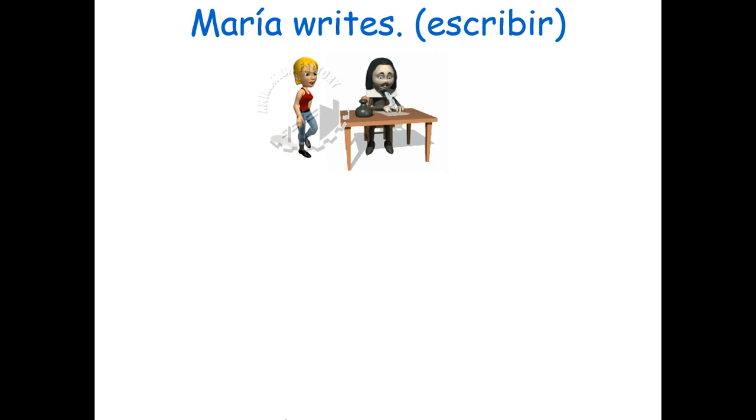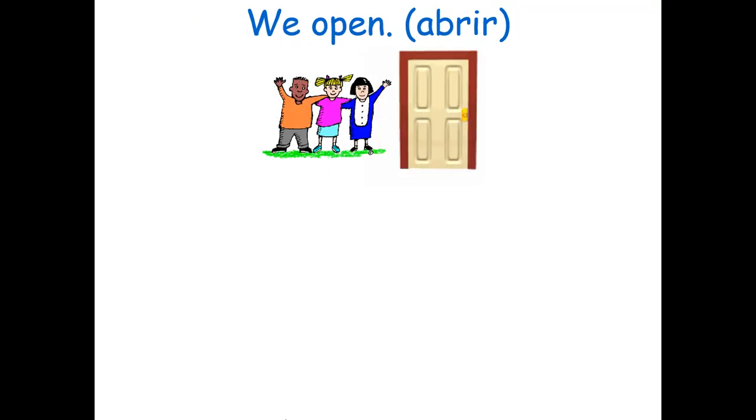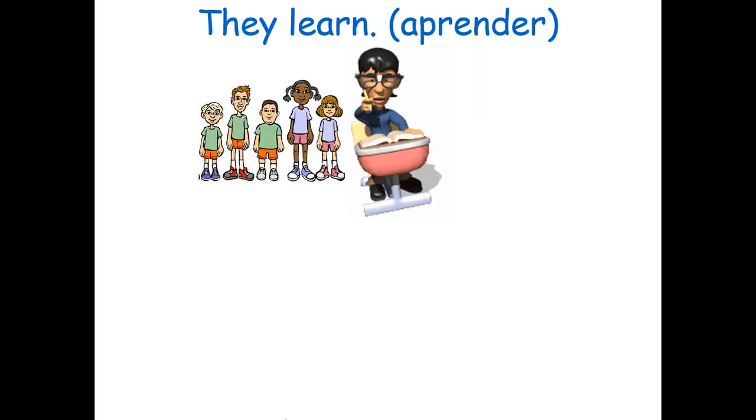Try to do these before I say them. ¿Cómo se dice Maria writes? Escribe. Just the same when you have a name. It's just like saying, in this case, she writes. Or if it were a boy's name, it would be like saying he writes. ¿Cómo se dice we open? Abrimos. ¿Cómo se dice they learn?